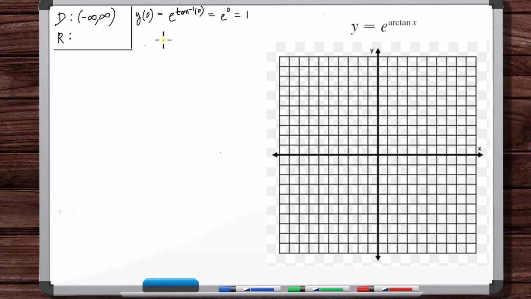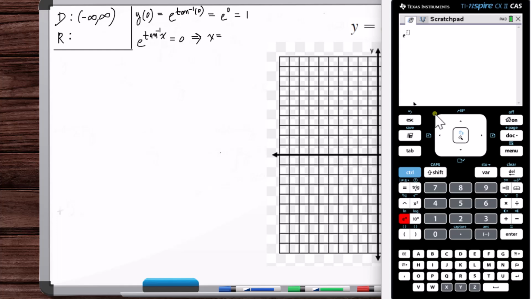All right. Now, what about the x-intercepts? Set y equal to 0 and solve for x. Okay, so e to the arctangent of x equals 0.